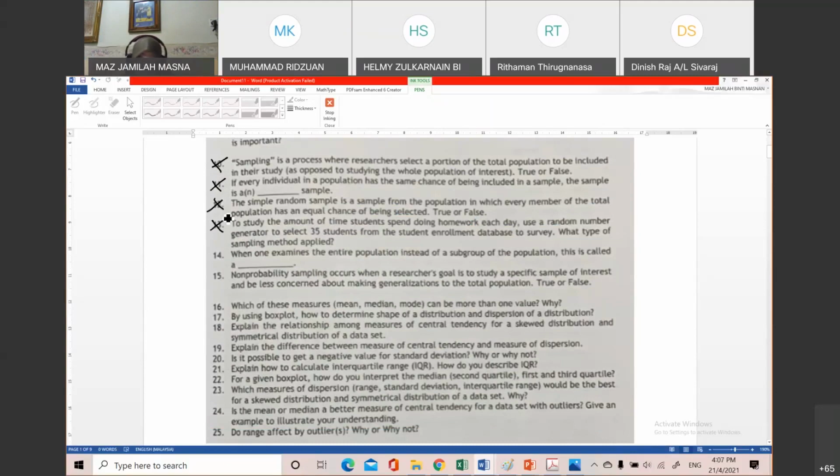When one examines the entire population instead of a subgroup of the population, this is called what? Class? Raw data? No. You examine the entire population.